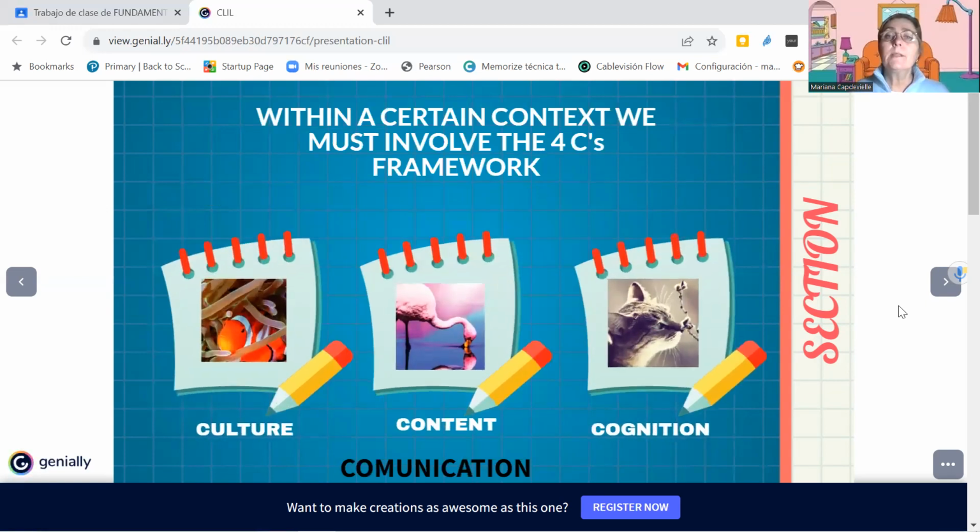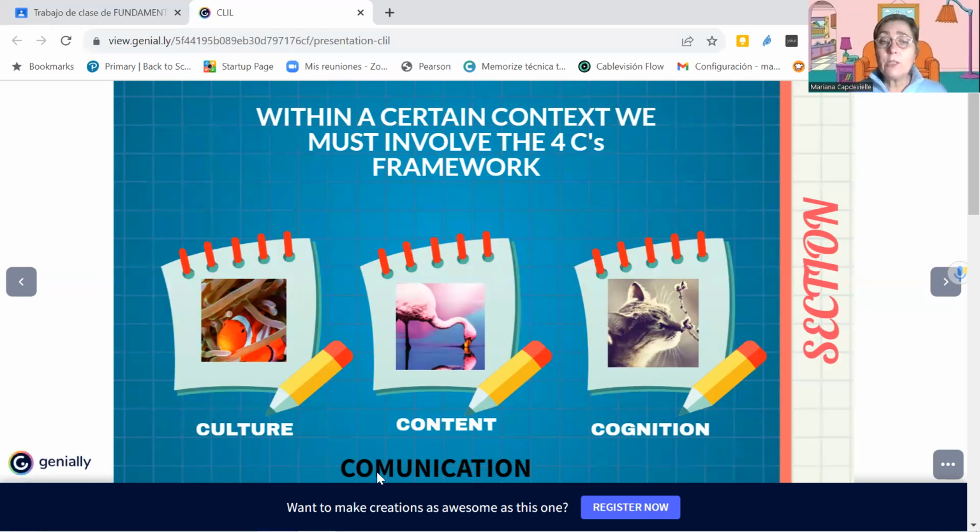Within a certain context, we must involve the 4Cs framework. So what are these 4Cs framework in the CLIL classroom? Okay, we have the content, like we said, like the government systems.